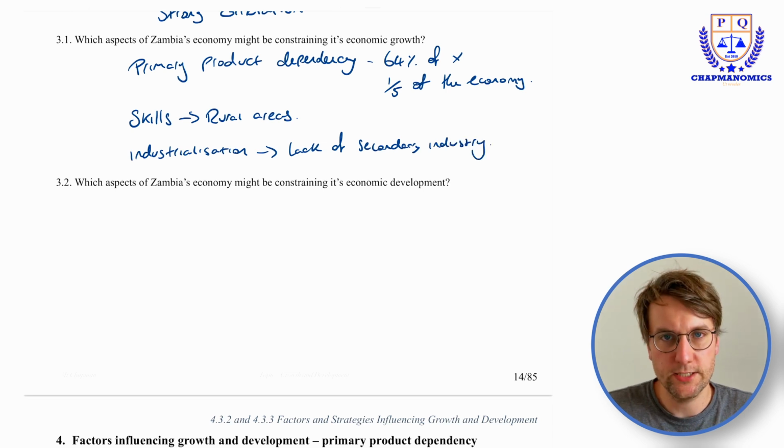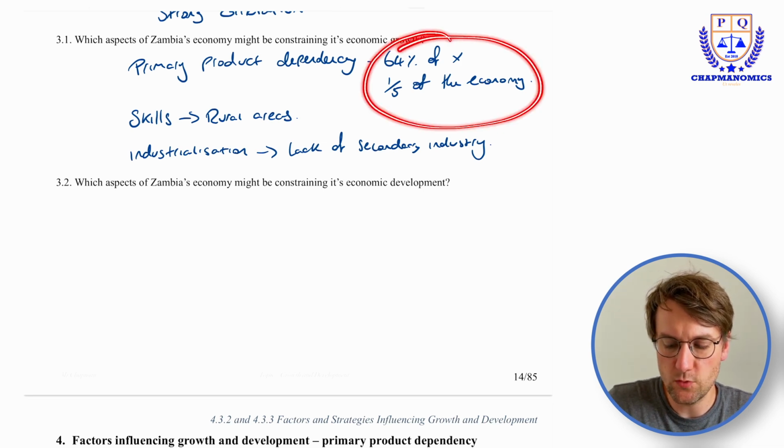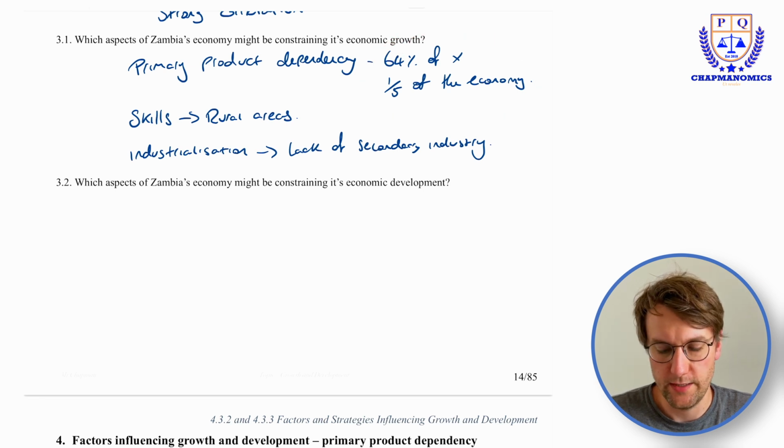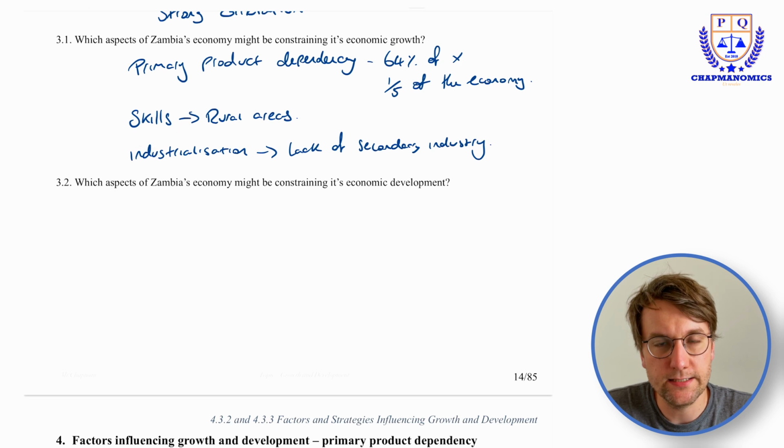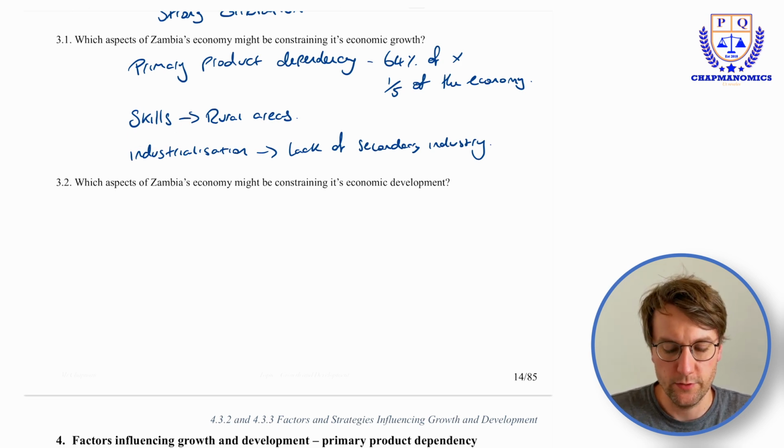Because if there were significant secondary industries in the economy, then it would mean the economy diversifies away from this over here, this primary product dependency. And also you need to develop the skills of your workforce in order to produce secondary products. And so therefore it could solve a couple of those problems. So there's a lack of secondary industry here constraining their growth rate.